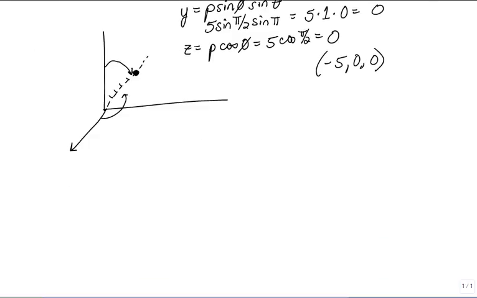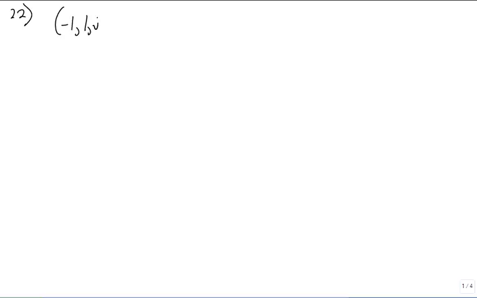Okay, let's look at 22. I want to change this to spherical coordinates.